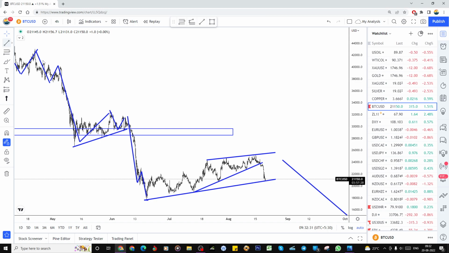So what it will do, if you keep on selling here, it will break this one and again it will do like this.